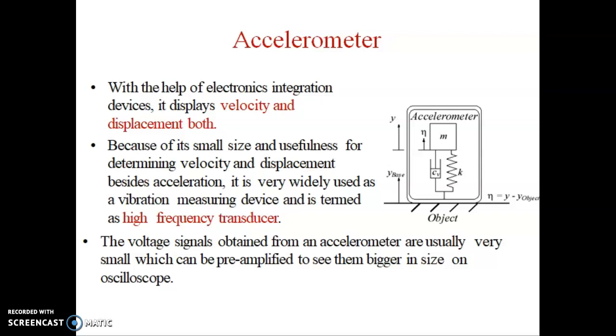Apart from acceleration, it can be used to measure velocity and displacement by employing electronic integration devices. So an accelerometer can be used to measure all the components of a vibration like velocity, displacement, and acceleration.